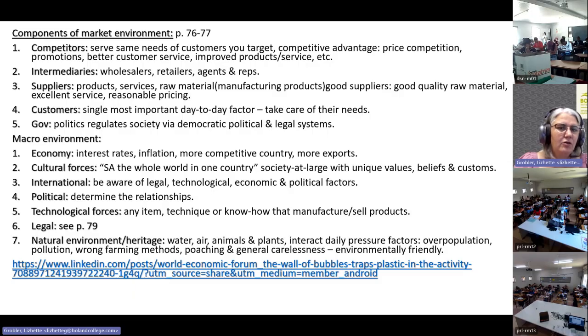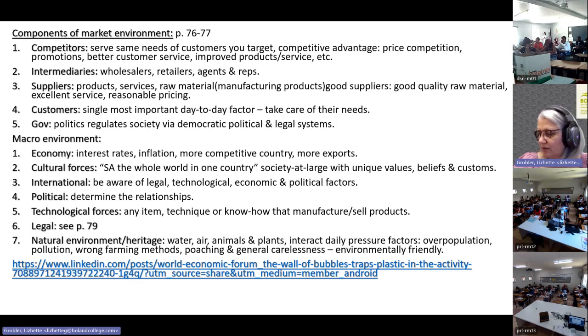They take care of their needs. You should take care of their needs or their demands, or then fulfill the gap in the market for them. Government, that is all the political regulations that society has, and that could be via democratic, political, and legal systems.